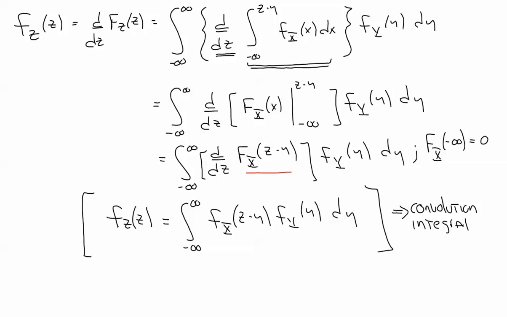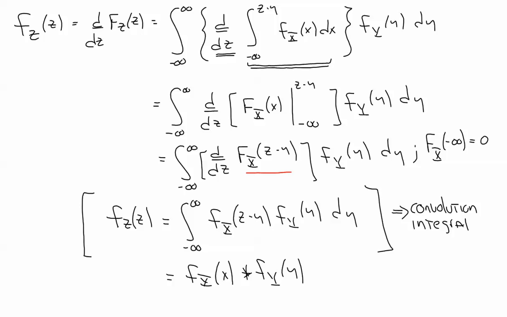Shorthand notation is commonly this. That little asterisk means perform the convolution integral. Don't worry, don't freak out. I'm not going to make you do any convolutions by hand. MATLAB is very happy to do convolutions for you, and I'll allude to this a little bit more in just a few minutes.